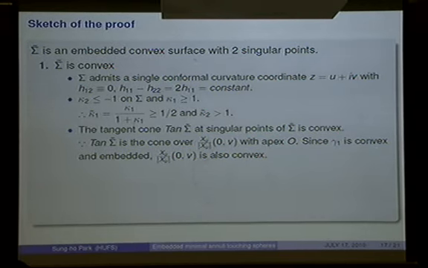And since gamma 1 is convex, this spherical curve is also convex, so the tangent cone is convex.